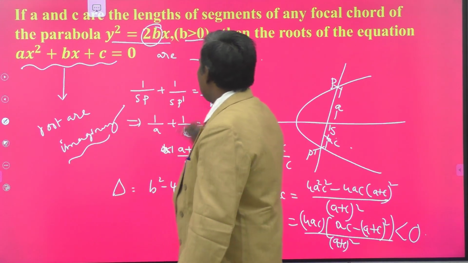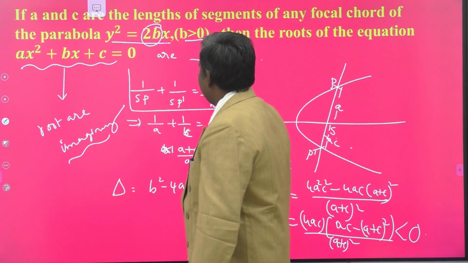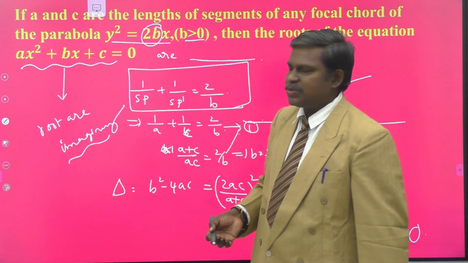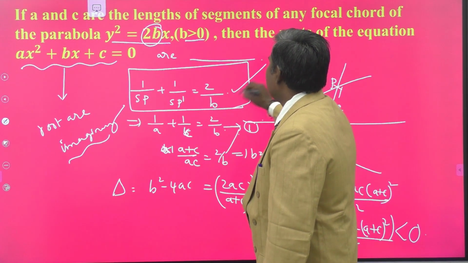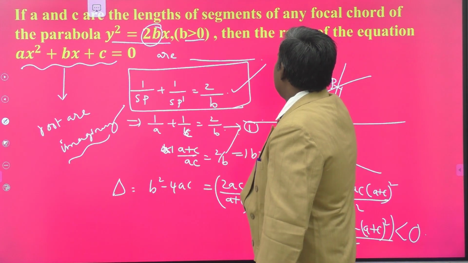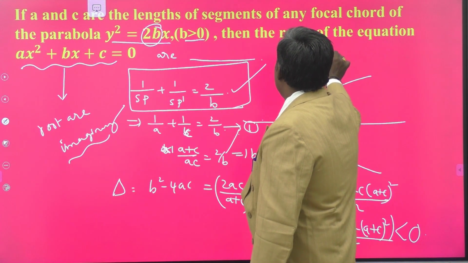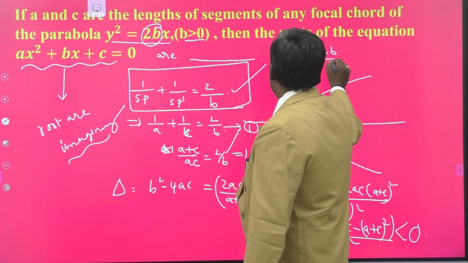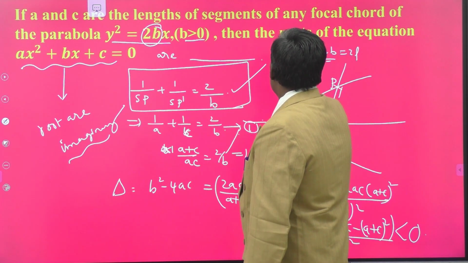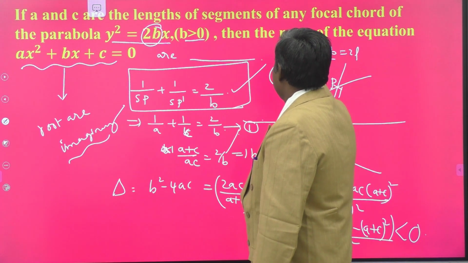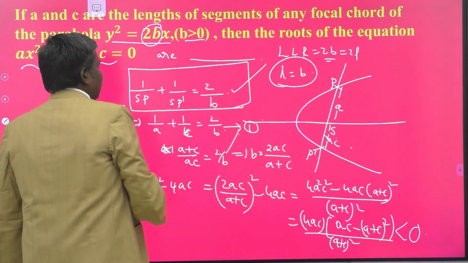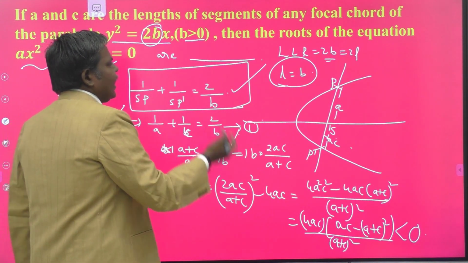This is the way. To crack this one, you have to identify this result. What is that result, my dears? 1 by SP plus 1 by SP dash is equal to 2 by L, where L is the semi-latus rectum. Here the length of the latus rectum is 2b, so the semi-latus rectum is b.